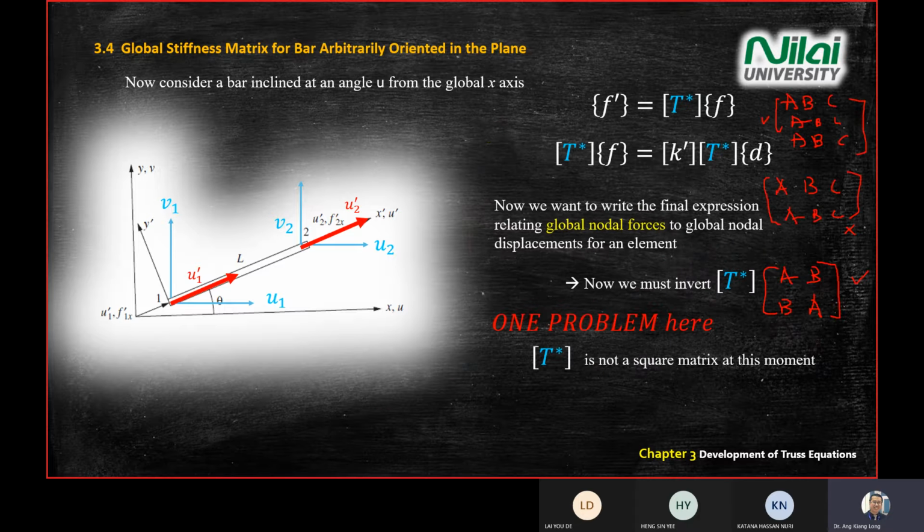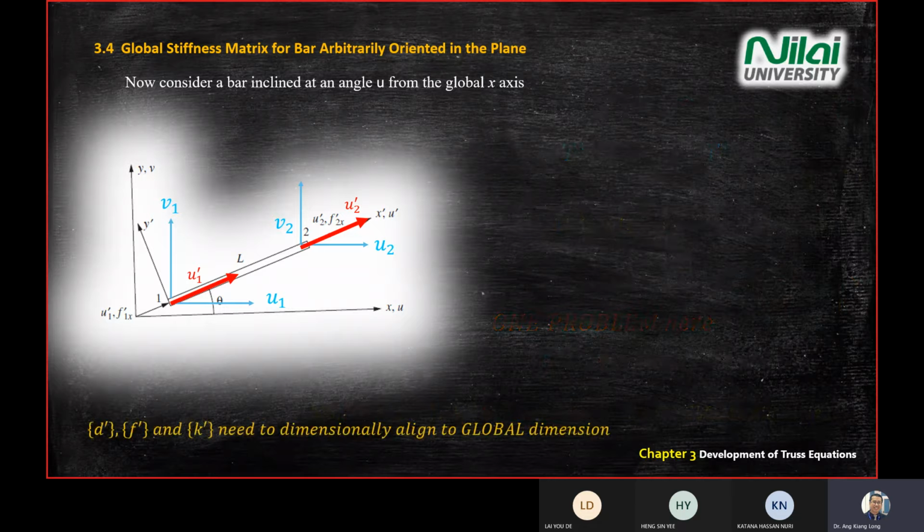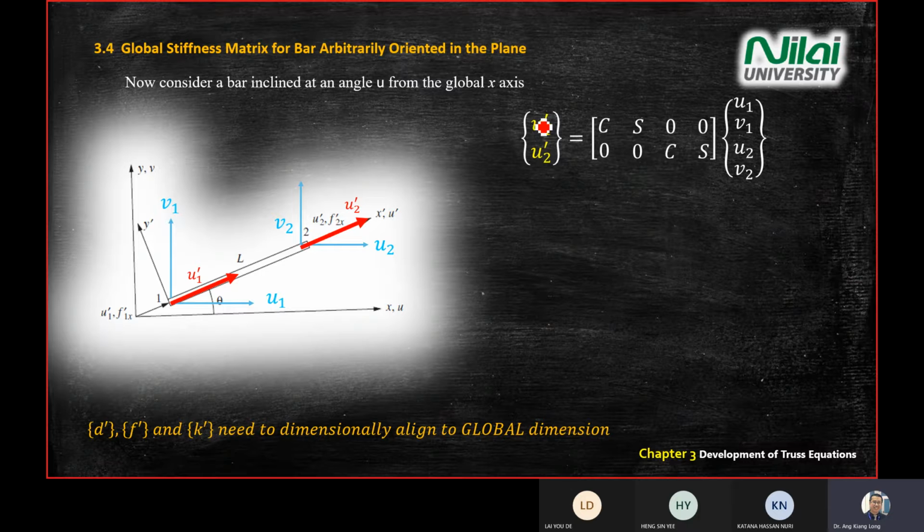So what are the steps here? Now recall our displacement matrix, where the displacement equals the transformation matrix times the other displacement. Our displacement on the left is in the local dimension. The right hand side is the global dimension, and we have seen this before for the transformation matrix.